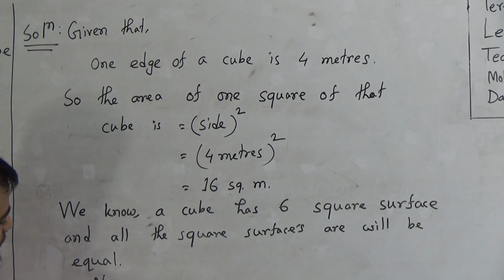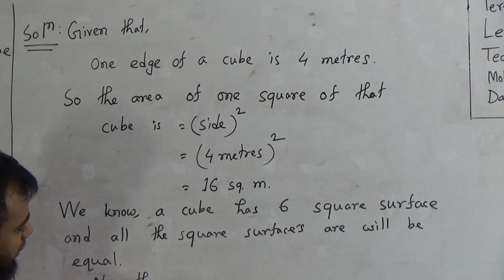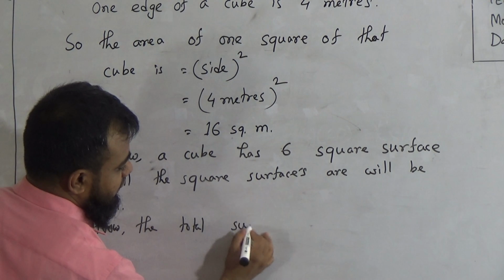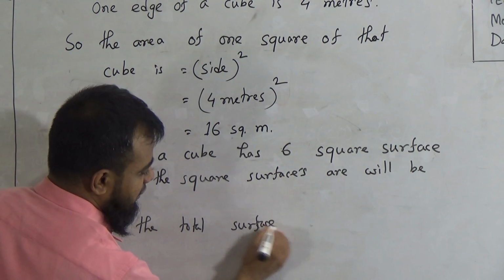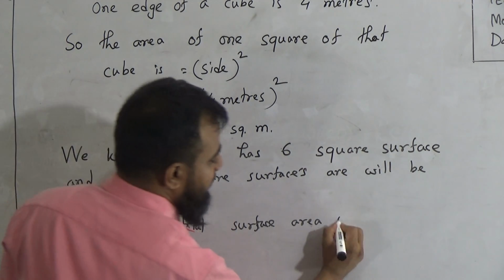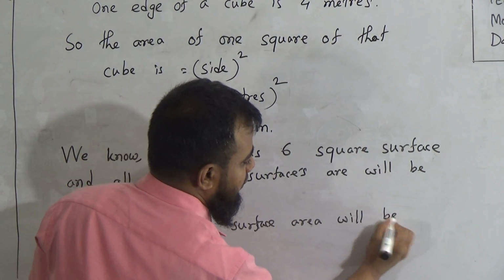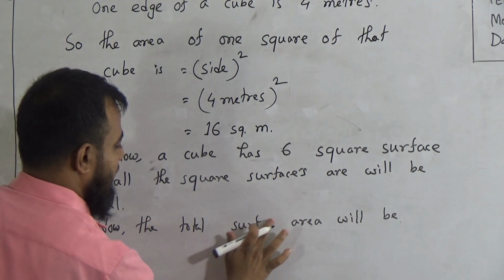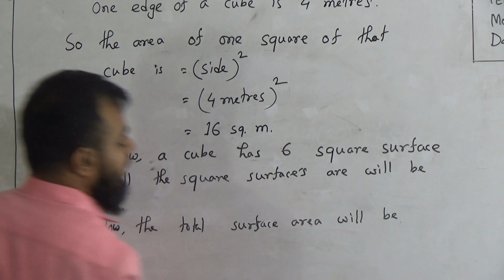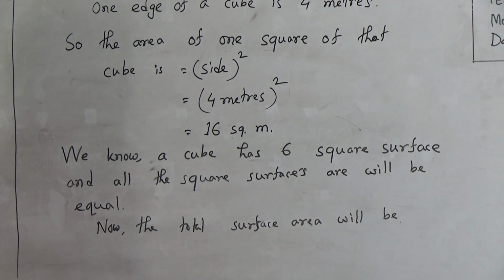Now the total surface area will be, we have already found the surface area of 1 square, and we are going to find the total surface area.